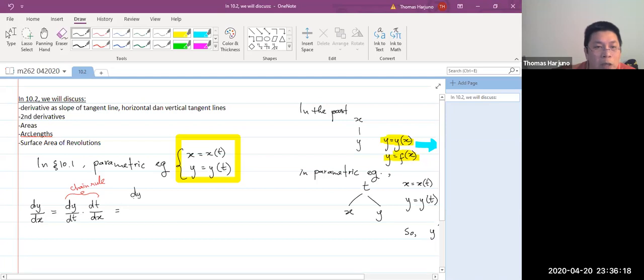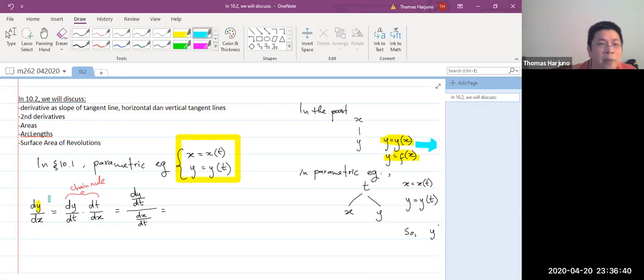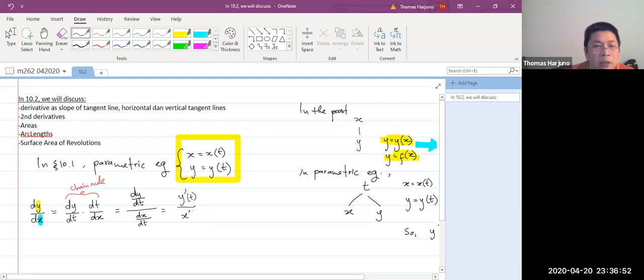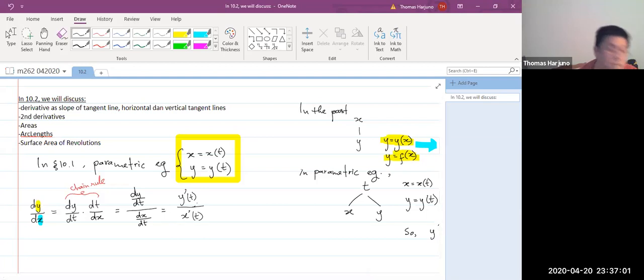This is dy/dt on the numerator divided by dx/dt on the denominator. So basically, the derivative of y with respect to x is equal to y prime over x prime. To be more precise, y prime of t over x prime of t.